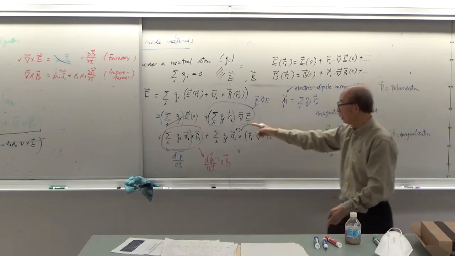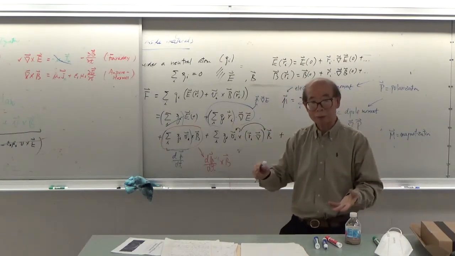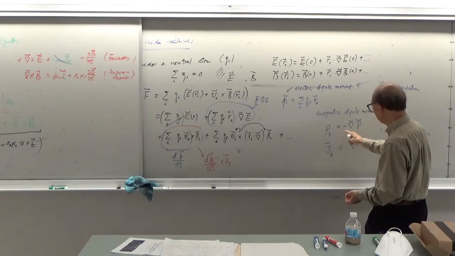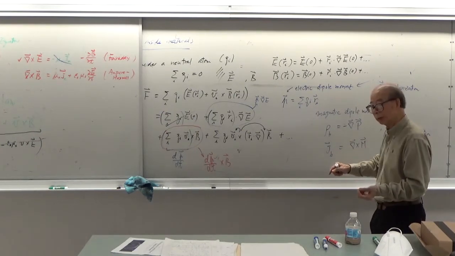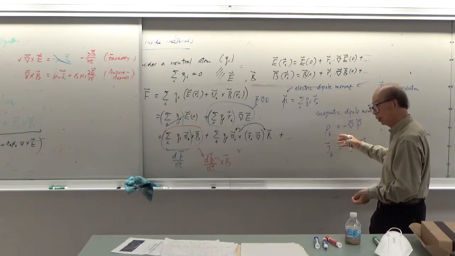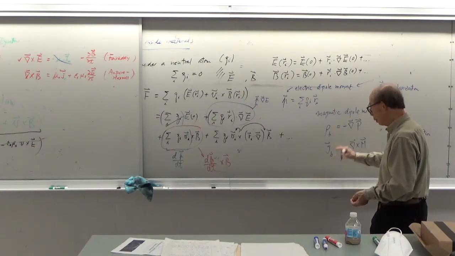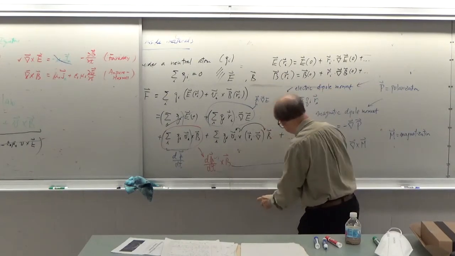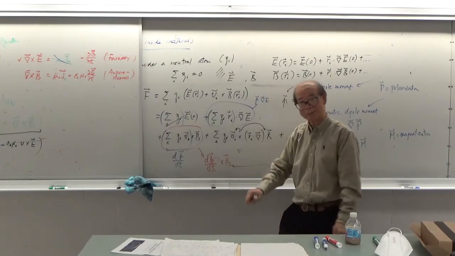So if you include this term and work things out, you should be able to recover this result coming from the study of electrostatics. But now, I'm going to show you that in fact, there are new contributions to the bound current density coming from this term, due to the fact that we are now talking about dynamics.